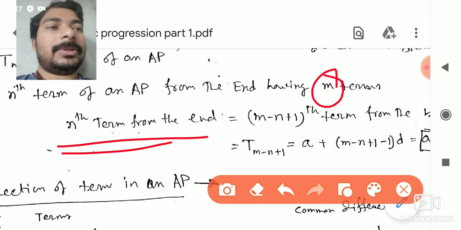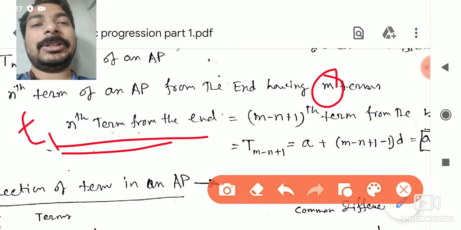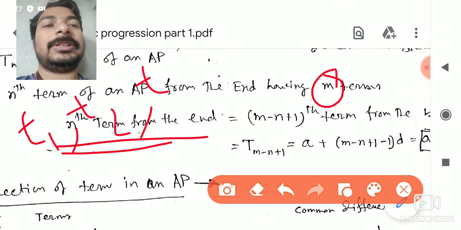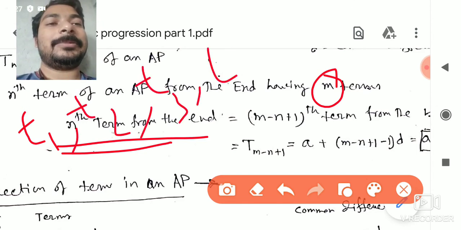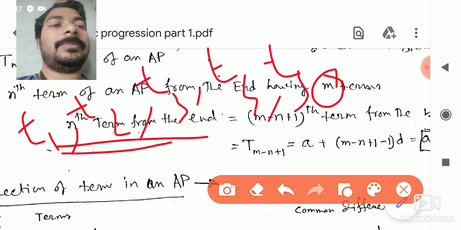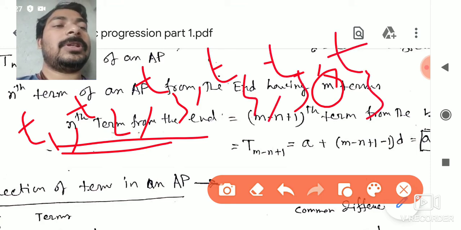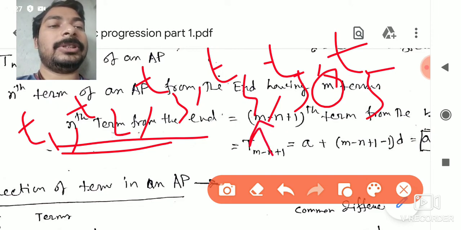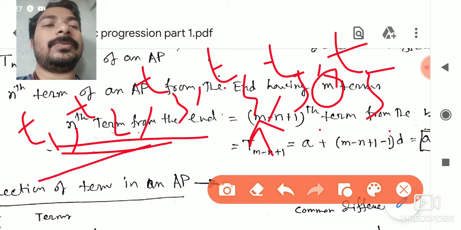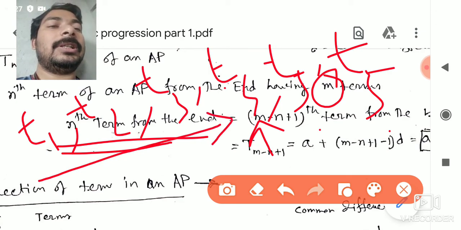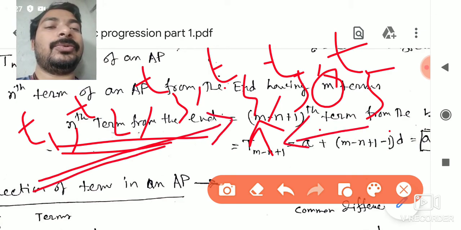Let us take that example again, T1, T2, T3, T4, T5, T6, 6 terms. Suppose I want to calculate the third term from the end. So this is T4. T4 is the third term from the end, but it is actually the fourth term from the beginning.